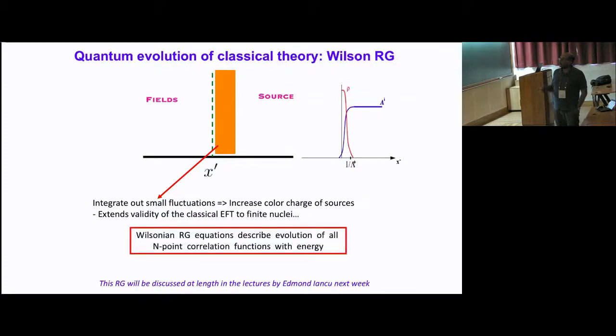What you get is a very powerful set of renormalization group equations, which describe the evolution of the n-body correlators I mentioned that you could calculate in this classical EFT for very large nuclei. Now you can also understand their evolution with energy. That gives tremendous predictive power to this theory as you probe the hadron or nucleus at different energy scales.